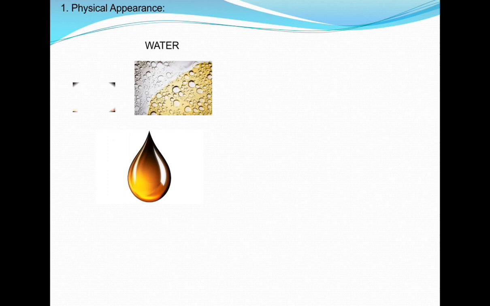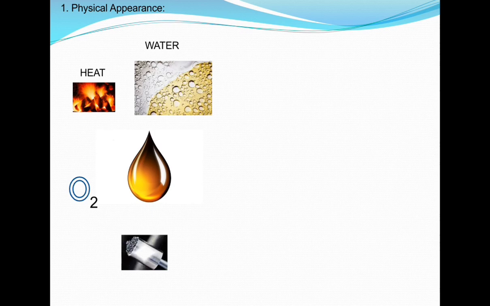The second thing is heat. If heat is added to the oil, you can easily know that yes, this oil may be burnt, and the color of the oil changes. If oil is contaminated with oxygen, then the oil is acidic in nature. And if metal particles contaminate it, it is easily distinguished, because definitely it comes in terms of debris, you can say sludge.